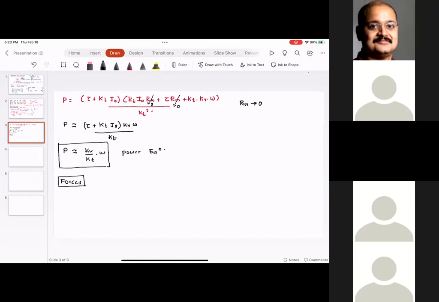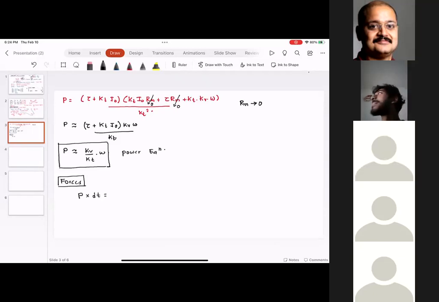Now to find out the forces, please understand that you have a prop. The prop is generating some thrust, so you have some force, and the air surrounding the prop is displaced by a certain amount. So basically, the power from the motor gets dissipated in the work done per time. The equation is the power that we derive multiplied by dt is equal to force multiplied by dx.